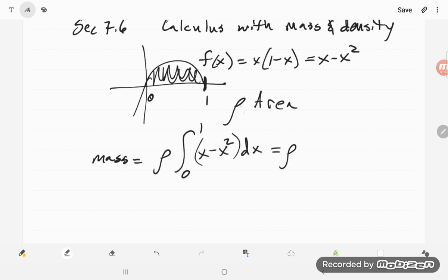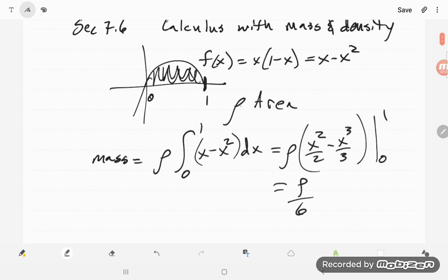That's rho times x squared over 2 minus x cubed over 3 from 0 to 1. And so our mass is, let's see, 1/2 minus 1/3, so that's 1/6, so we get rho over 6. Okay, so there's mass and density.